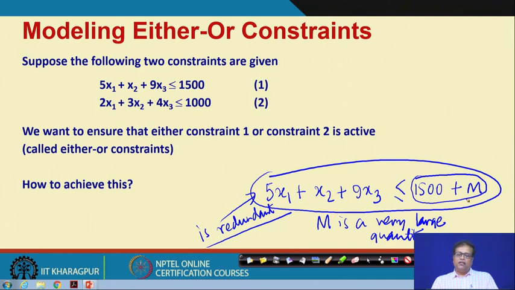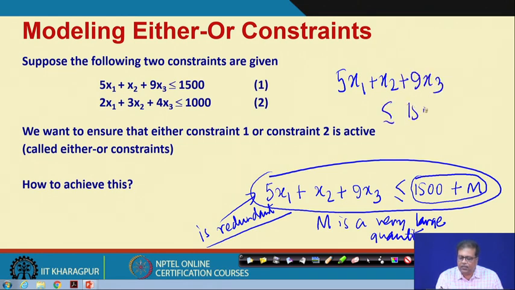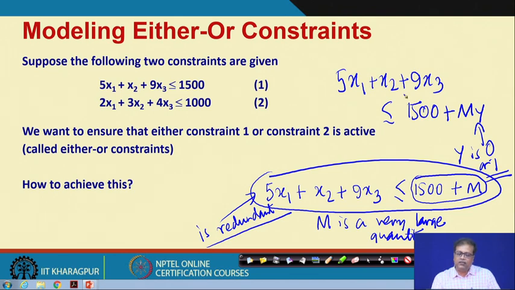Make use of the binary variable and write the equation in such a manner that 5x1 + x2 + 9x3 ≤ 1500 + My, where y is 0 or 1. That means y is binary. So, if y becomes 0, then the constraint is active, and if y equals 1, the constraint is inactive or redundant.